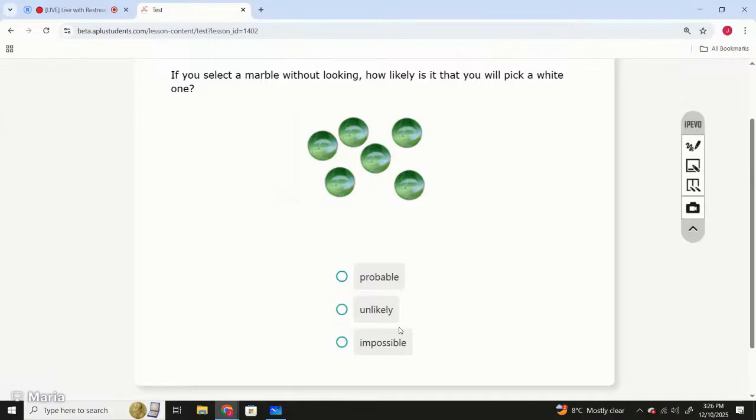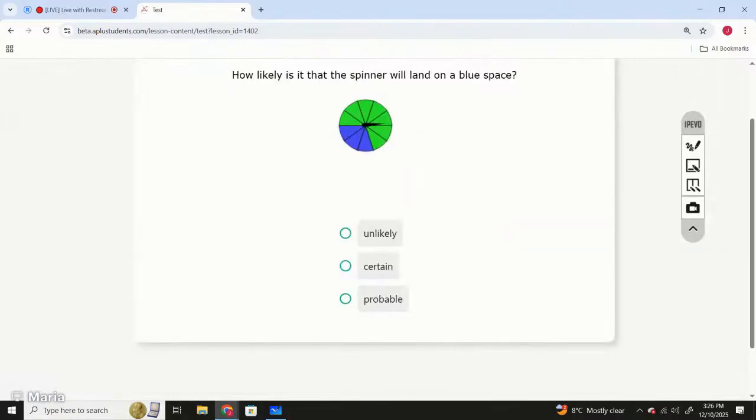All the marbles are green, right? We do not have any white marble over here, so it is impossible to pick the white marble. The correct option is impossible.